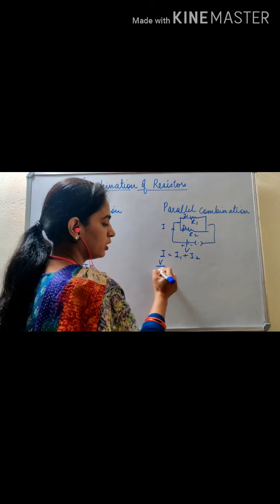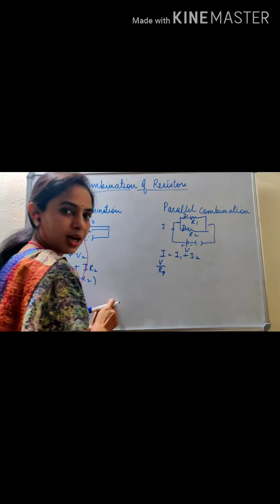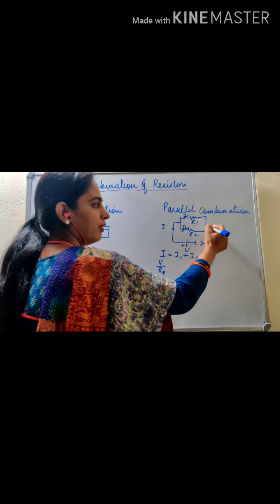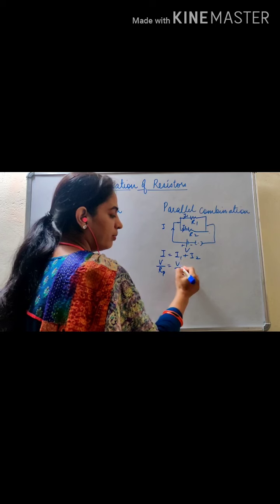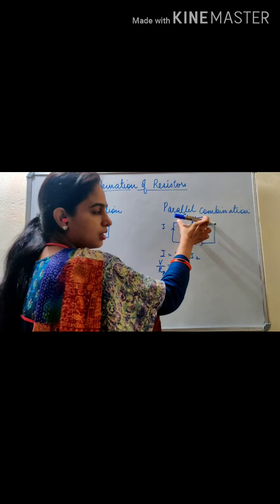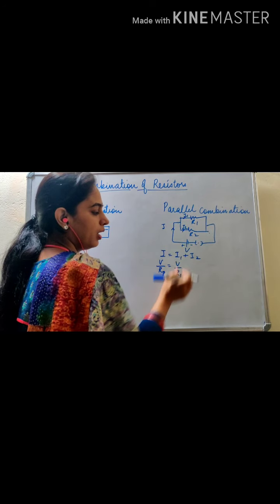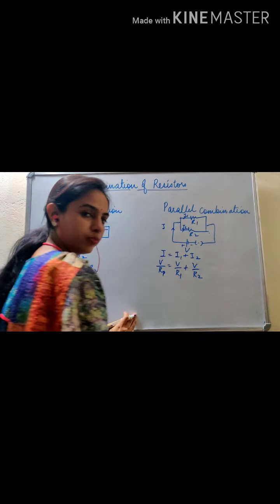So we can write using Ohm's law I is equals to V by R. I am writing this R as Rp because here we are having parallel combination. What is I1? I1 will be equals to V by R1. The potential across resistor R1 will be V, so V by R1, plus I2 will be V by R2. Right?